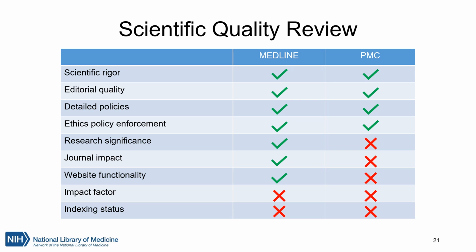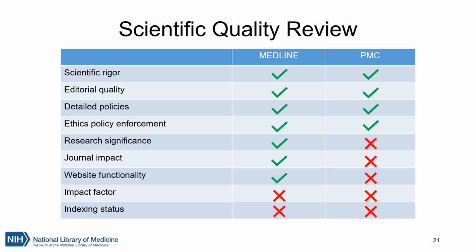Editorial quality is considered for both databases and includes factors such as writing clarity and figure or table quality. Additionally, we look for detailed policies and evidence that the ethics policy is being enforced.